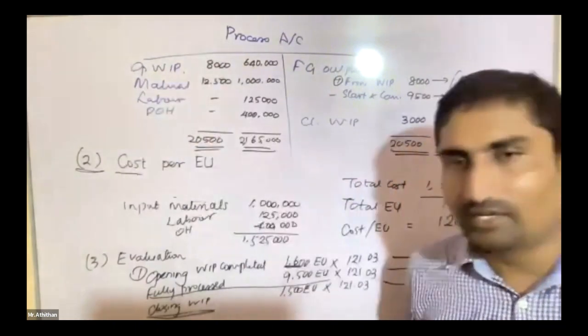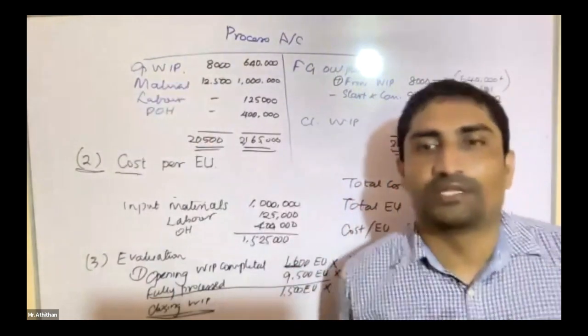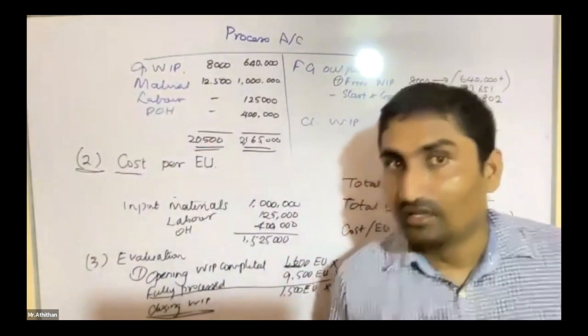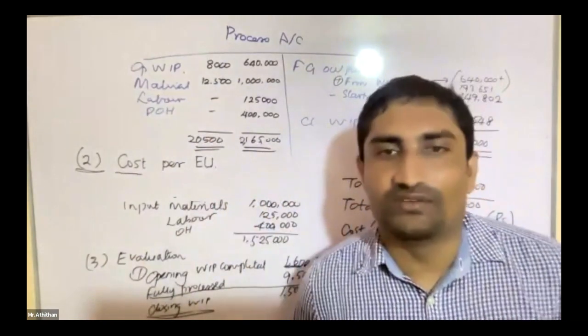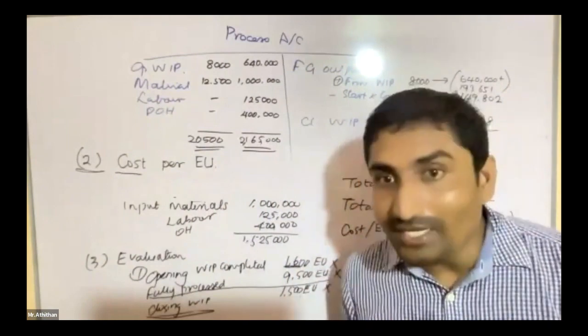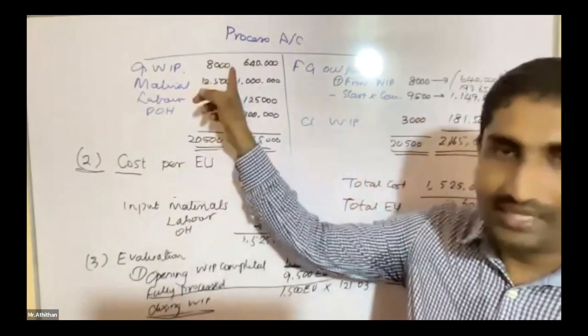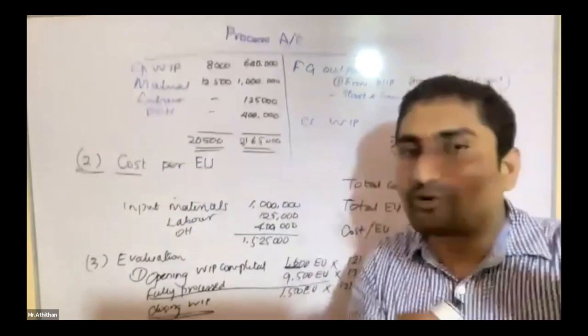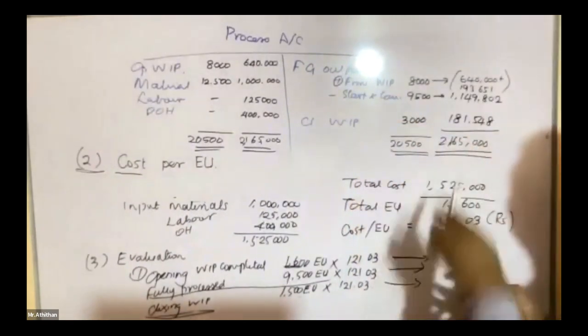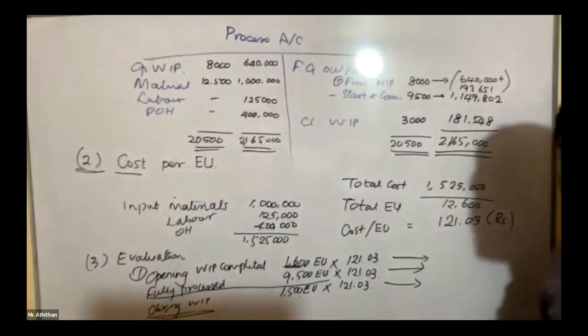In the opening WIP valuation we have used the FIFO method. So what is the difference or uniqueness in FIFO? Nothing, it is just that we process the opening WIP first, and then look at the remaining.